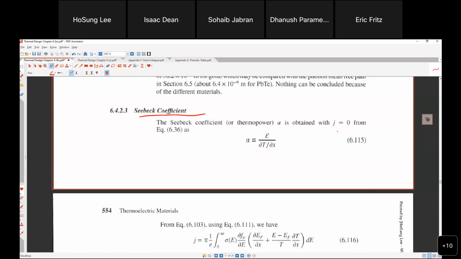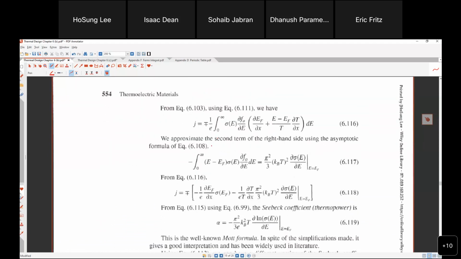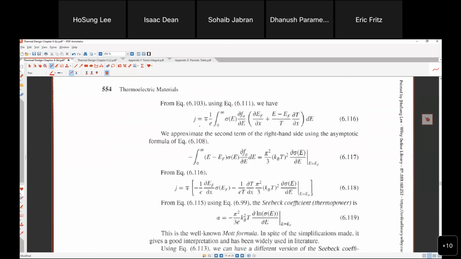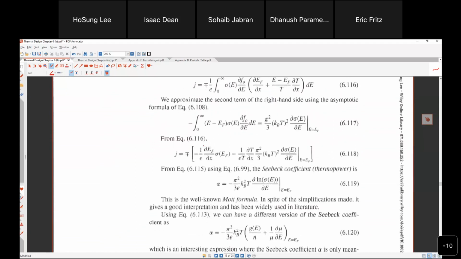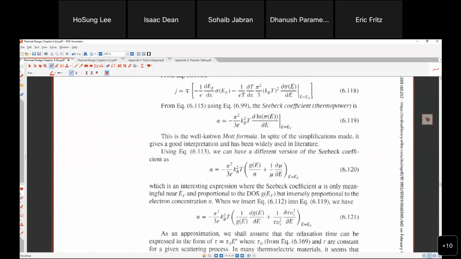Okay, if the current is 0, so we're able to express it using the previous equations the same, and then we come up with this. This is known as the Mott formula. So this is the first time we're able to see an expression of Seebeck.